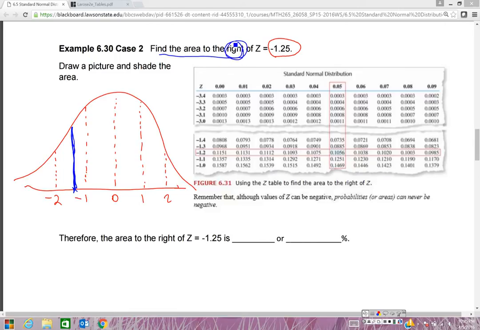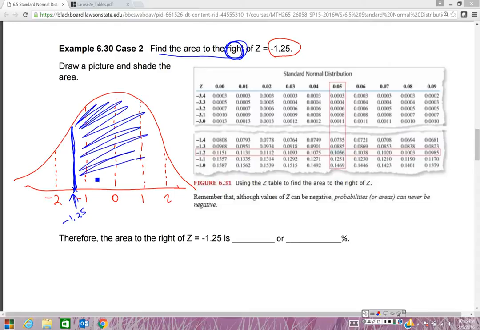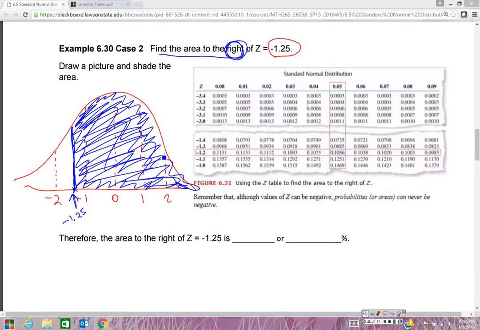Right is the operative word here. So, right of this number here, which is negative 1.25, would be this area. Notice that we are shading more than half, or more than 50%, of this bell curve. So our answer would definitely be more than 0.5.